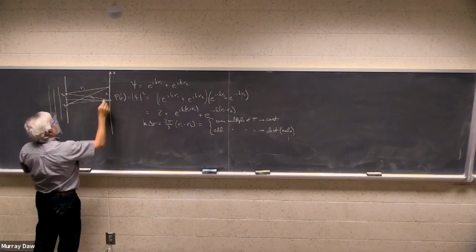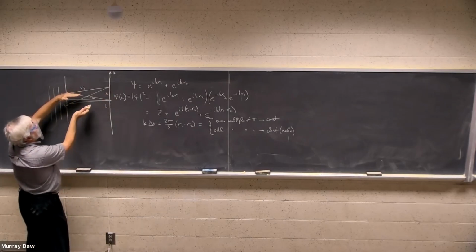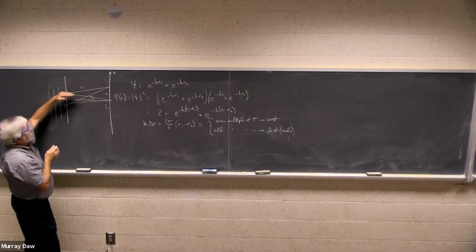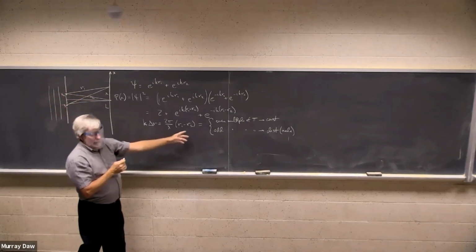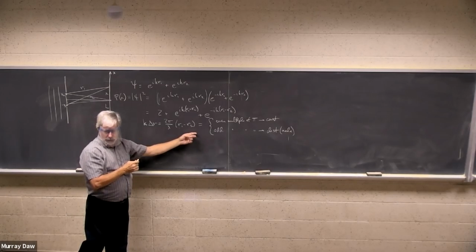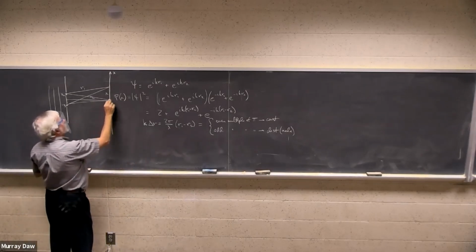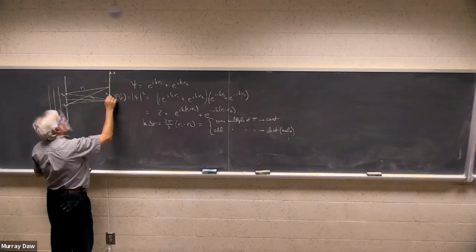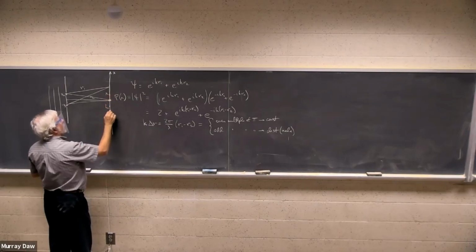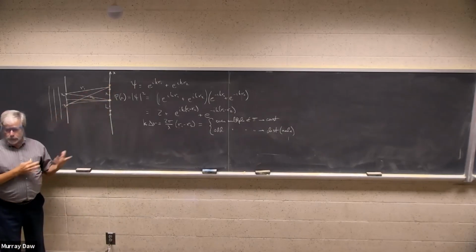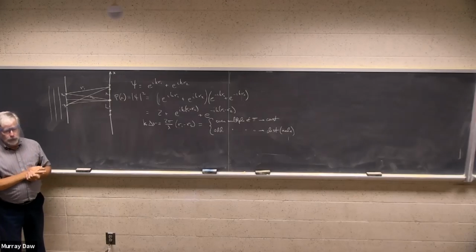As you go up, R1 is increasing, but R2 is increasing faster. And so the difference will get to be half a wavelength between the two, and there will be a node. So you get a maximum here, then a node on either side, and then another maximum, followed by nodes. So you get an interference pattern that goes up from this. Do you have any questions about this?